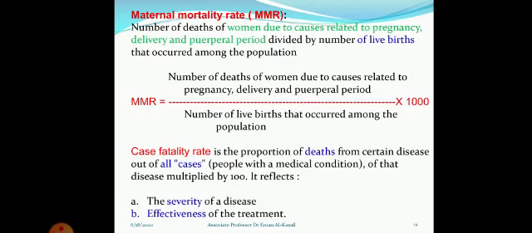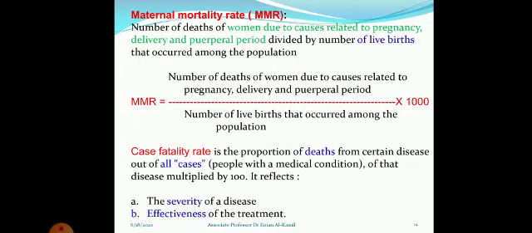It has the same numerator as the cause specific death rate, the number of deaths due to a specific cause, but the difference is in the denominator.